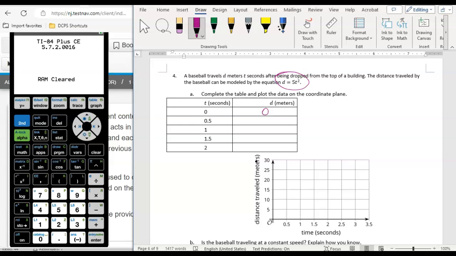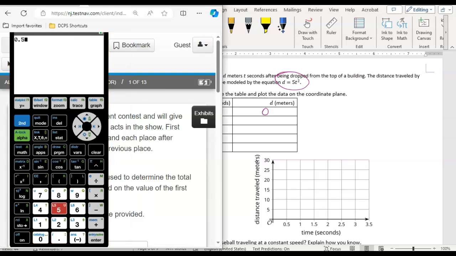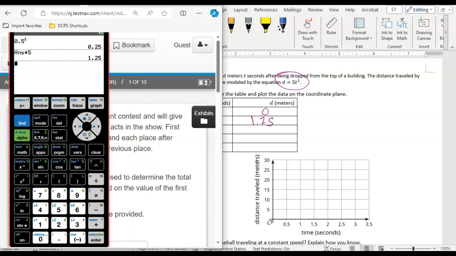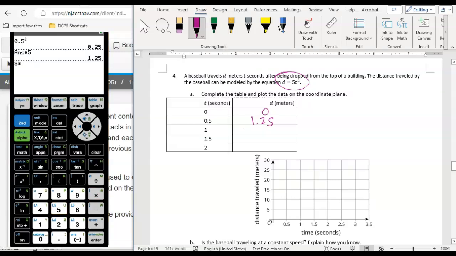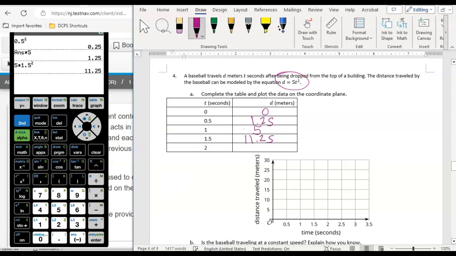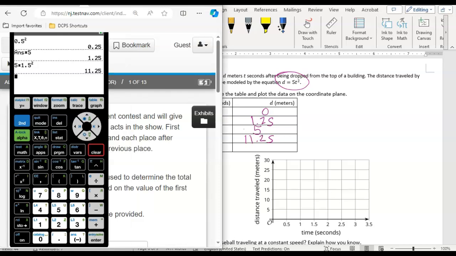So in 0.5 then, we're going to do 0.5 squared times 5 gives us 1.25. I didn't do that the most efficient way, so we can also put this in as 5 times 1 squared. So that's just going to be 5. 5 times 1.5 squared, 11.25, and then 5 times 2 squared.